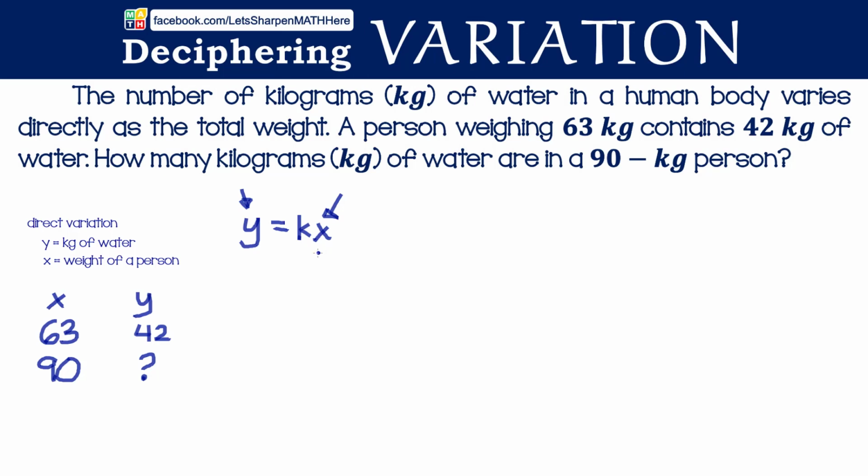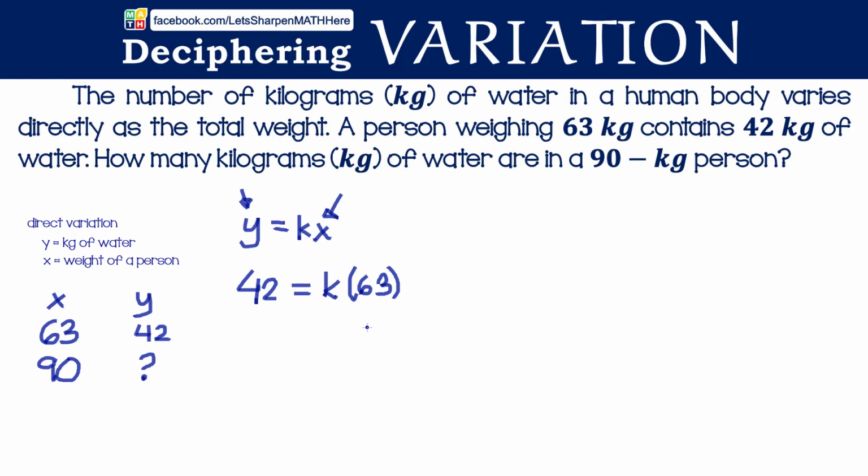So we will solve for k first by plugging in the first set of values. So y, that's 42. We are dropping the units first because we are just going to compute it mathematically, algebraically, is equal to k times 63 kilograms.